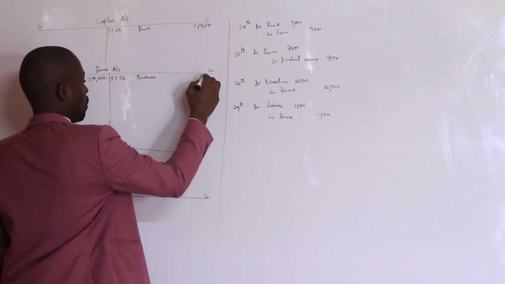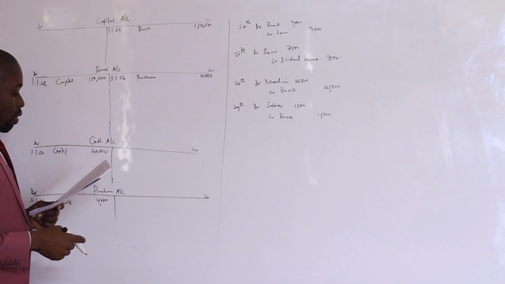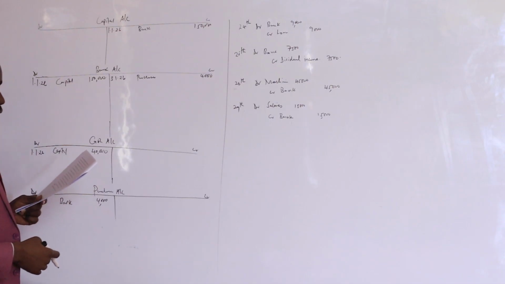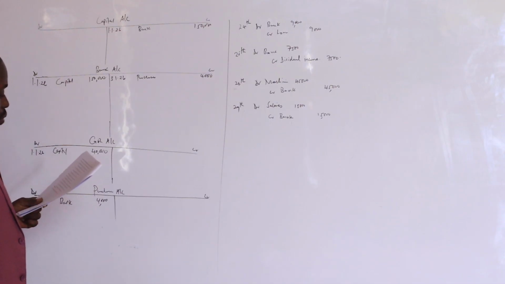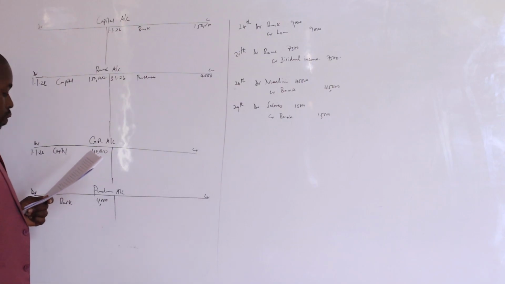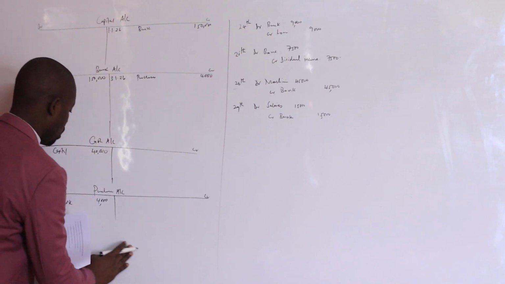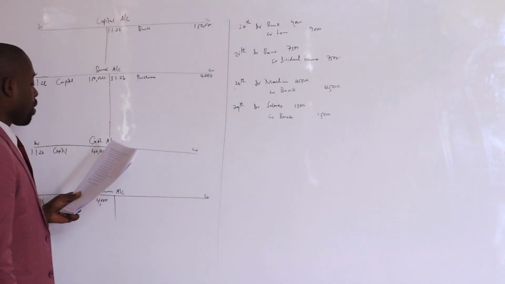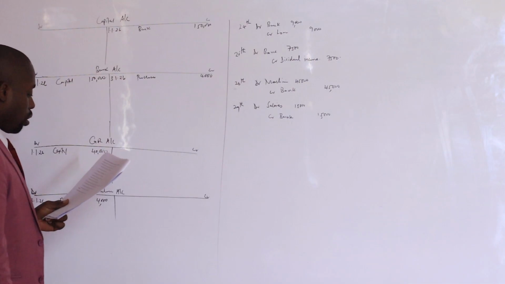That is 4,000. The third one was sold goods to Matrix Limited, worth 3,400 by cash. We don't have to create an account for Matrix because he paid it. We have what?